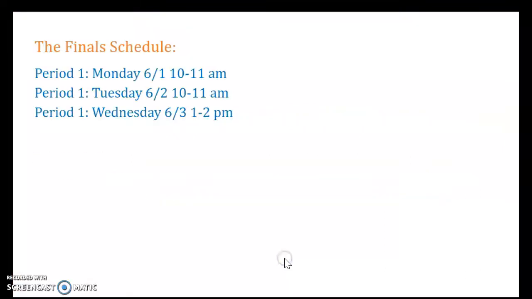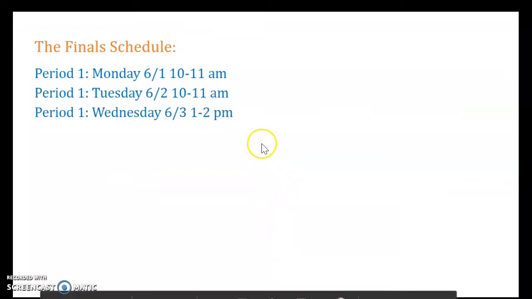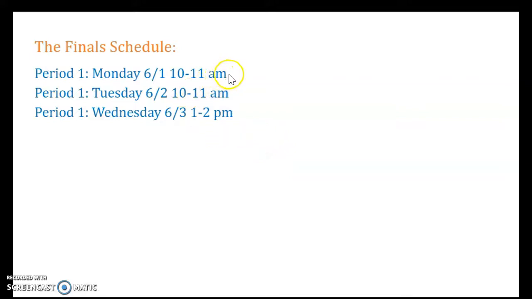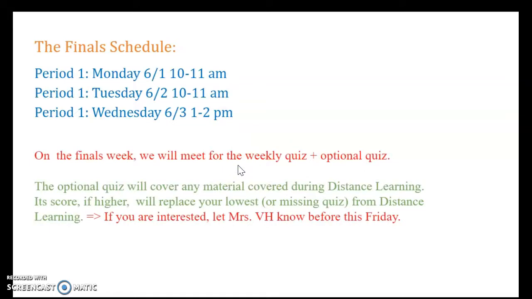The final schedule next week: if you're in period 1, your final will be on Monday, 10 to 11. Period 2 is on Tuesday, 10 to 11, and period 6 will be on Wednesday, 1 to 2 p.m. So on finals week, we're not having a final per se, but we're just going to be meeting for the weekly quiz and optional quiz.